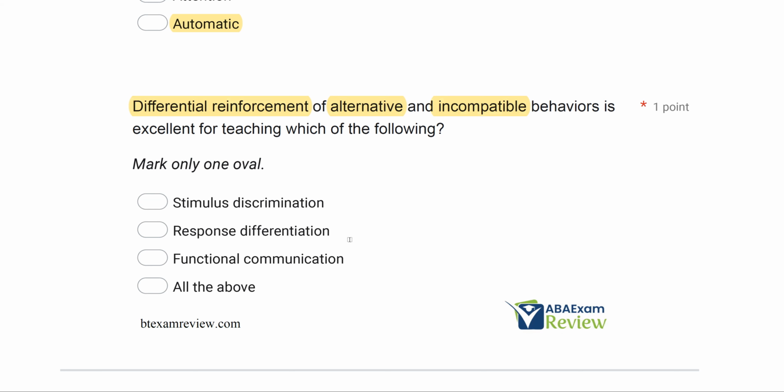You're going to reinforce grabbing the card. That teaches response differentiation. And then functional communication. If you have a snack and the client cries, you're not going to give them the snack, but if they say snack please, you give them the snack. That teaches functional communication. So DRAs and DRIs are both great for teaching all the above.